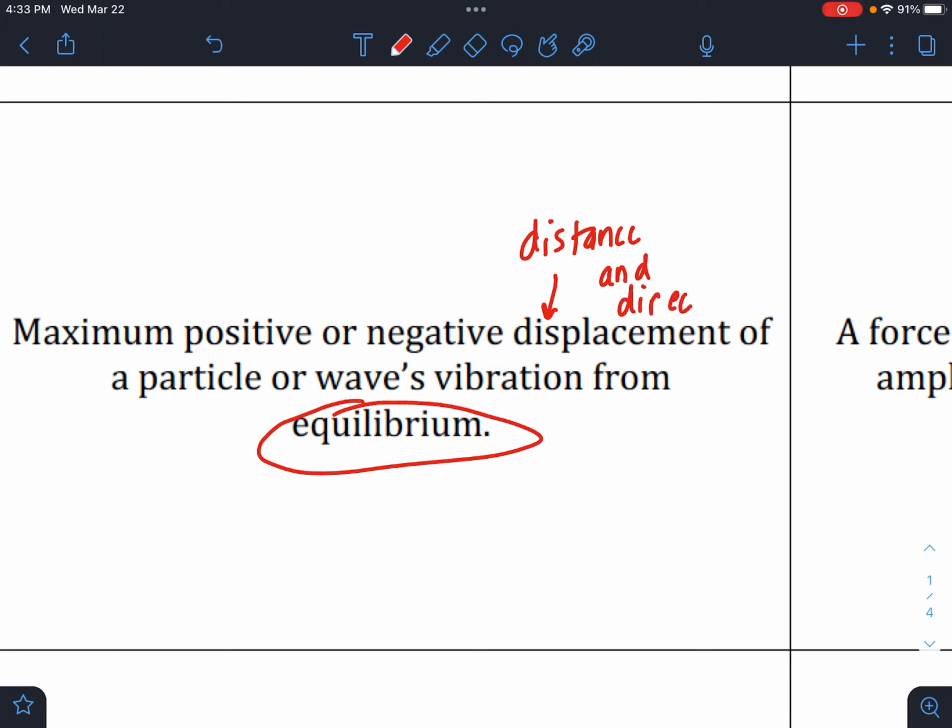So we use plus and minus signs for direction if we're in one dimension, or you can say right or left, and I'll give examples of that. And it does say a particle or wave's vibration. Waves are so cool, but unfortunately we do not do that in AP1. Anyway, this is called the amplitude.